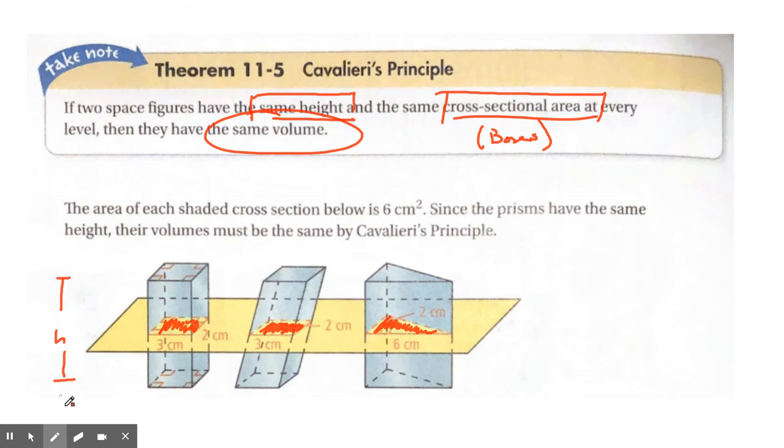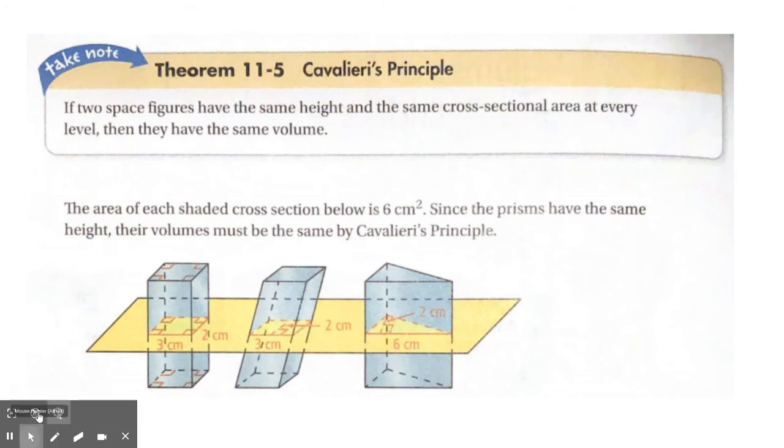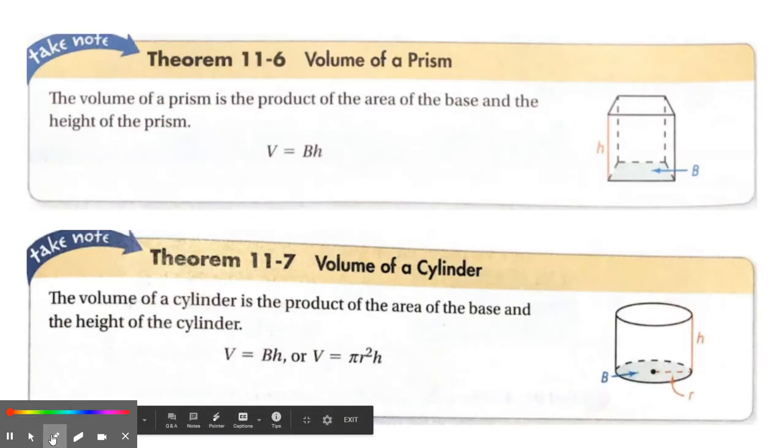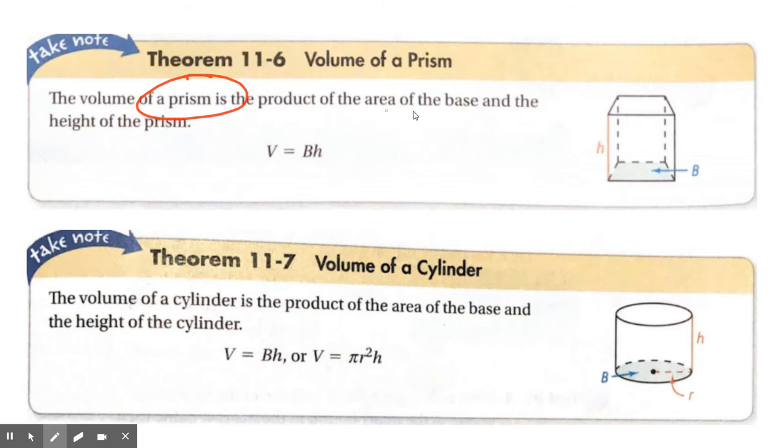Okay, so from this we get our volume formula. To find the volume of a prism, you are going to take the area of the base and multiply it by the height. This capital B does not stand for base like in area formulas. This stands for the area of the base.